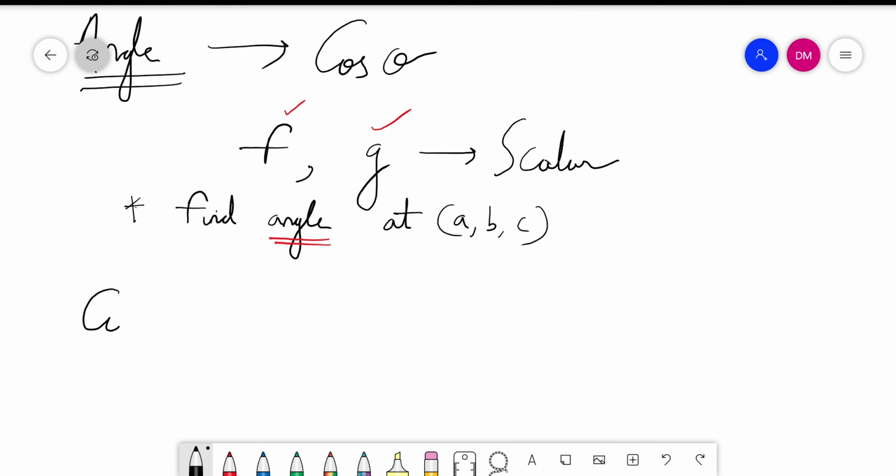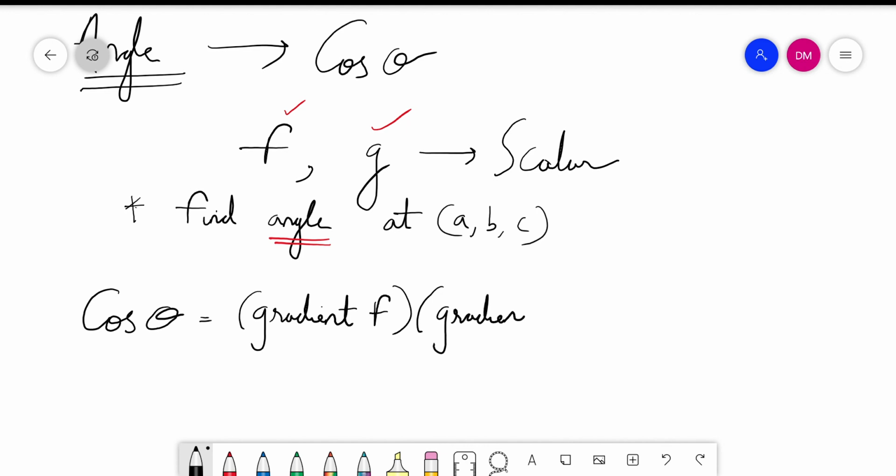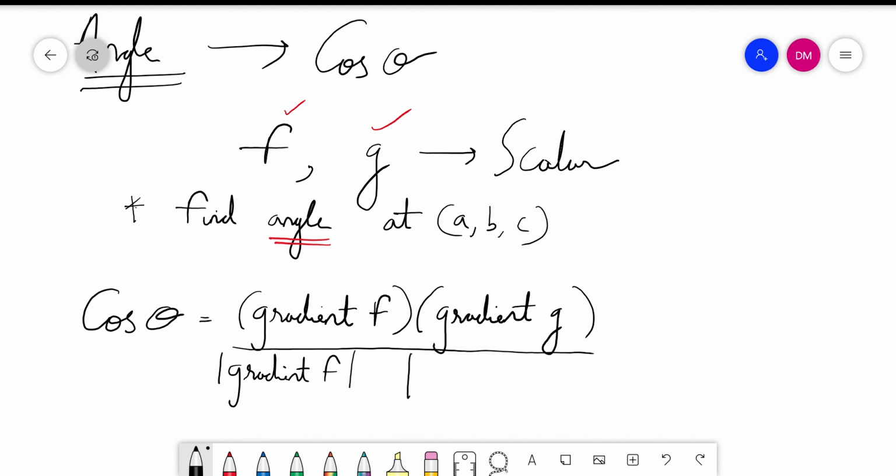Cos theta is equal to the gradient of f into the gradient of g divided by the mod of the gradient of f into the mod of the gradient of g.